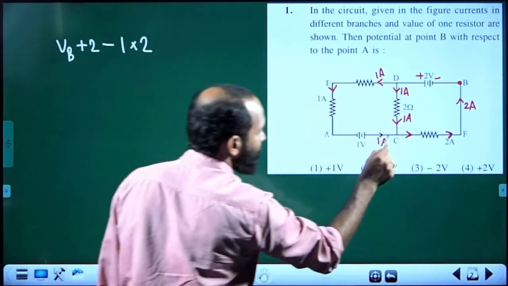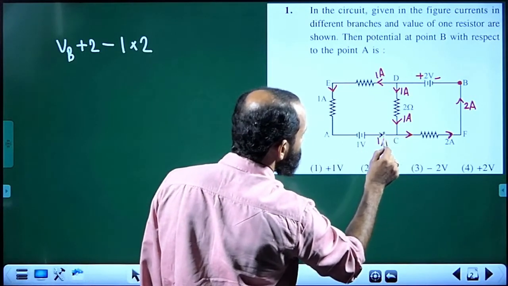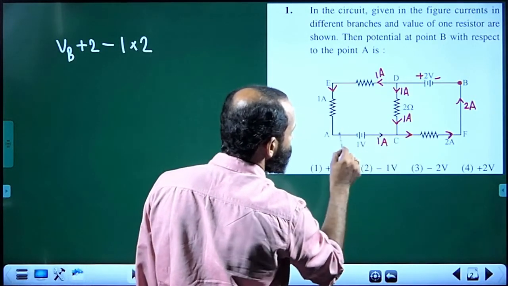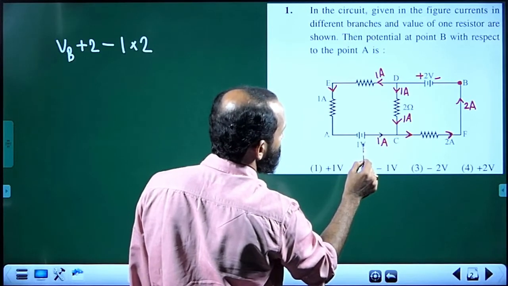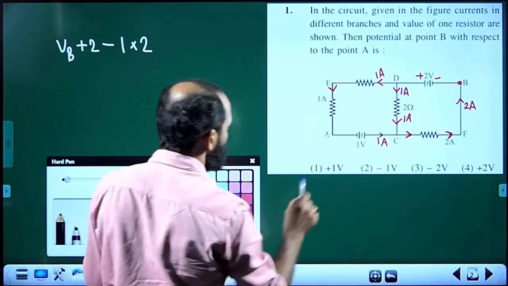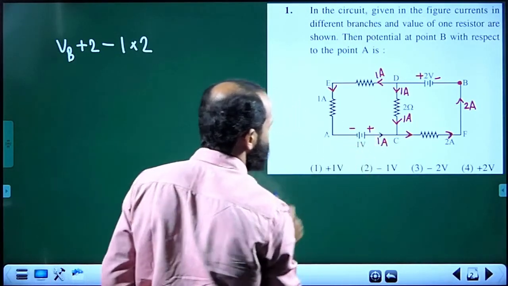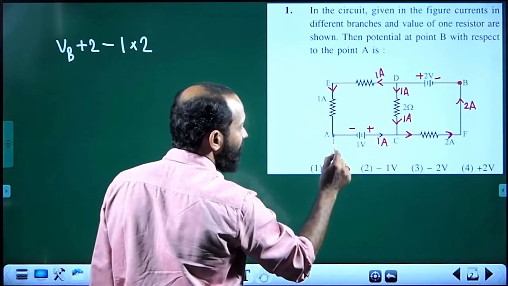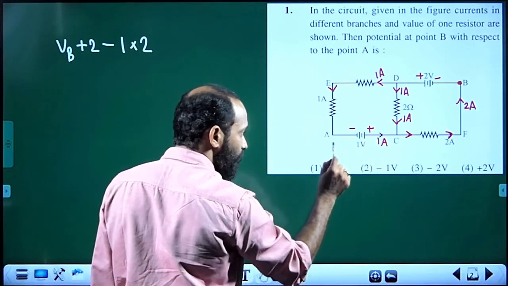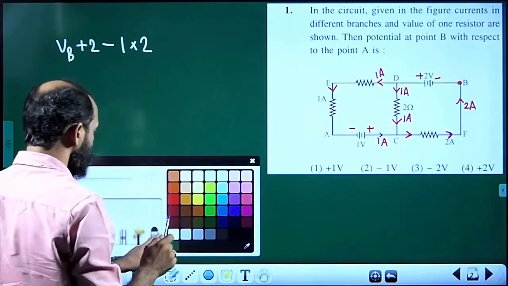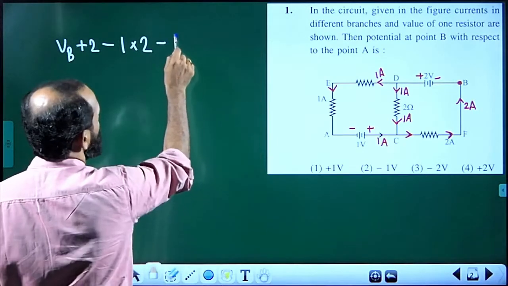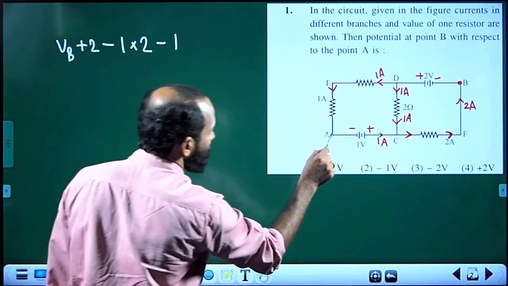Okay, now we have reached C. From C to A, you will meet another cell where you first meet positive then negative. That means from C to A, you are meeting a potential drop of 1 volt. As it is potential drop, you give minus 1. Now we have reached A.